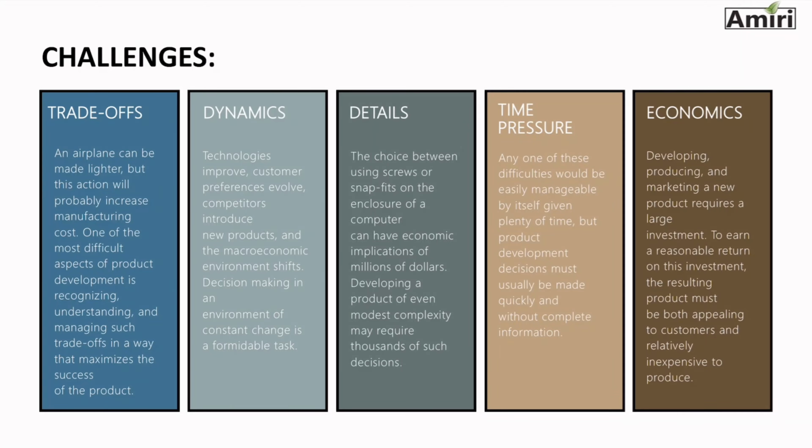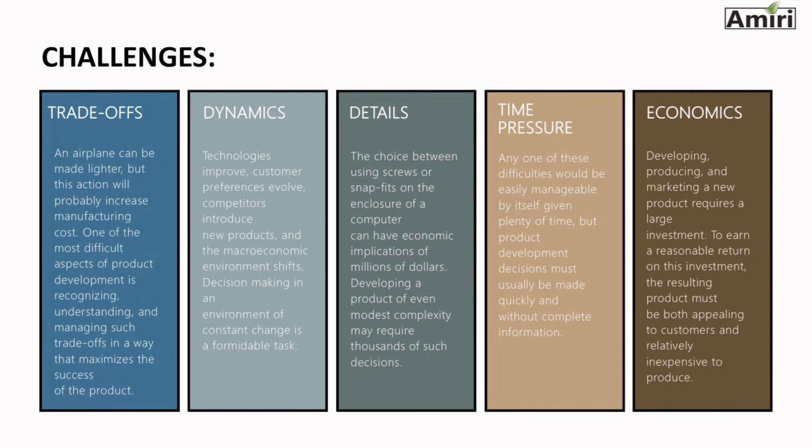An example listed here is you can probably make an airplane lighter, but it's going to cost more. So you have to pick a sweet spot in between that meets both.